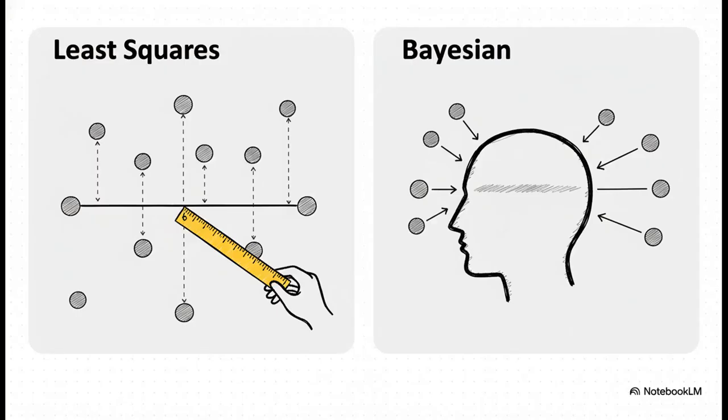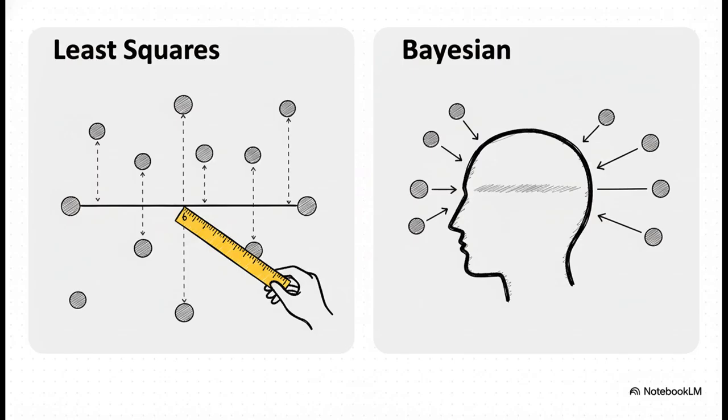On one side, you've got the method of least squares. This is the ultimate pragmatic approach. It basically says, forget all the philosophy, just find the one line that makes the total gap, the error between the line and all the real data points, as tiny as possible. Simple. But then, on the other side, you've got the Bayesian approach. This one is way more philosophical. It says, let's start with a prior belief about where the line probably is.